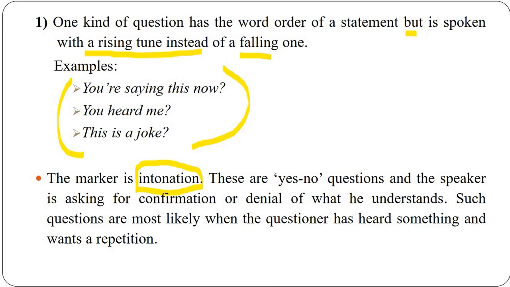So these are yes-no questions, and the speaker is asking for confirmation or denial of what he understands. Such questions are most likely when the questioner has heard something and wants a repetition. So you can also understand the intention of the speaker if we come across such a question.